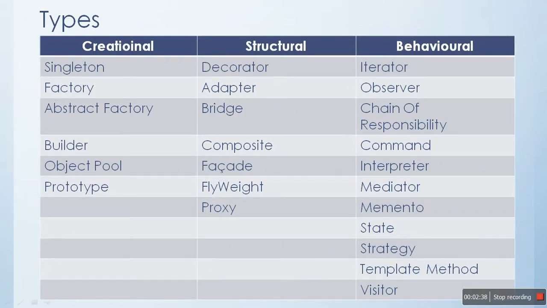Creational patterns deal with the object creation mechanism and involve singleton, factory, abstract factory, builder, object pool and prototype. Structural patterns deal with class and object composition, and include decorator, adapter, bridge, composite, facade, flyweight and proxy. Behavioral patterns relate to communication between the objects, and there are different patterns for that.